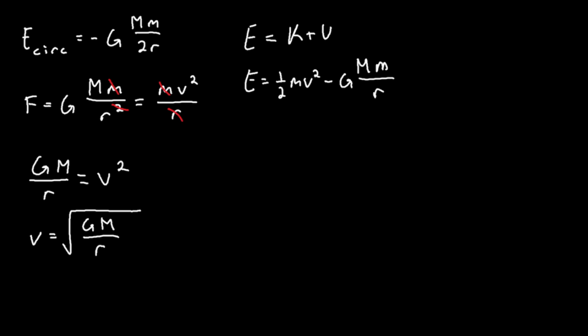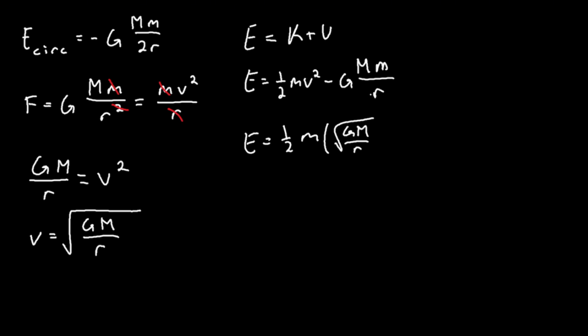Well, we determined that your velocity in order to orbit something is the square root of GM over r. Well, we can substitute your velocity here to get the square root of GM over r, squared.